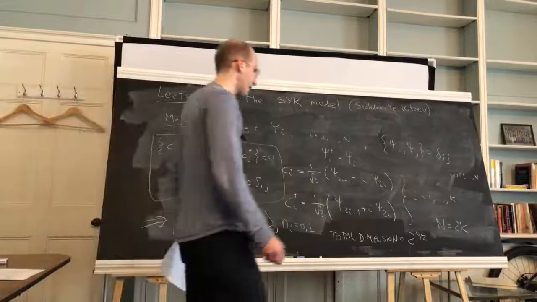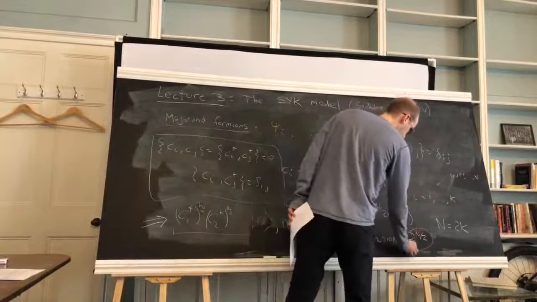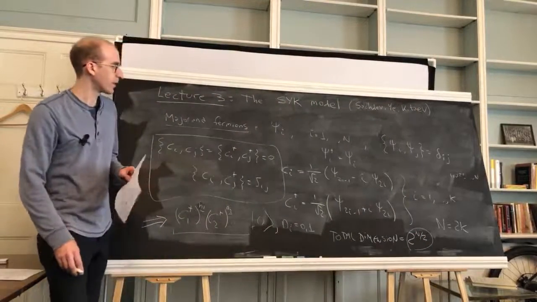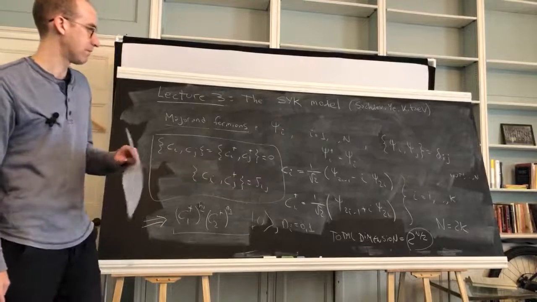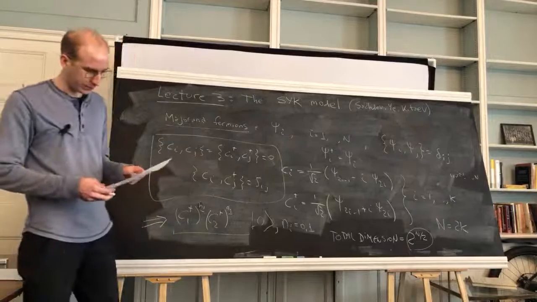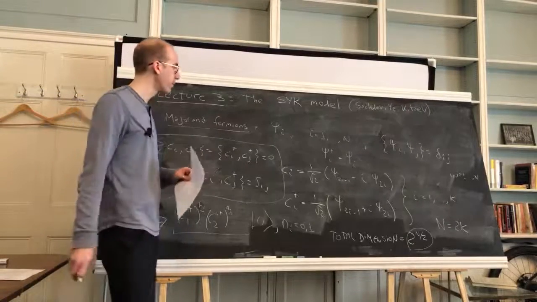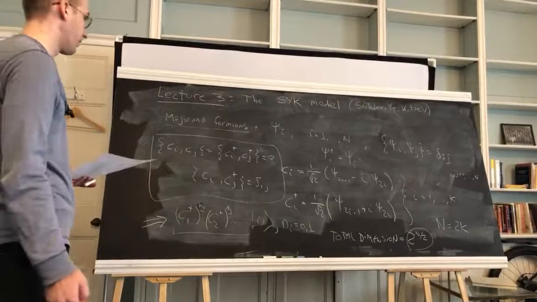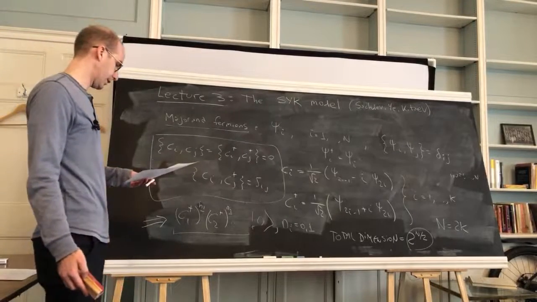And we already see that the dimension of the Hilbert space goes like 2 to the n. So when you start putting n equal to 20, 30, depending on your laptop, you'll die. Okay, so this is great.